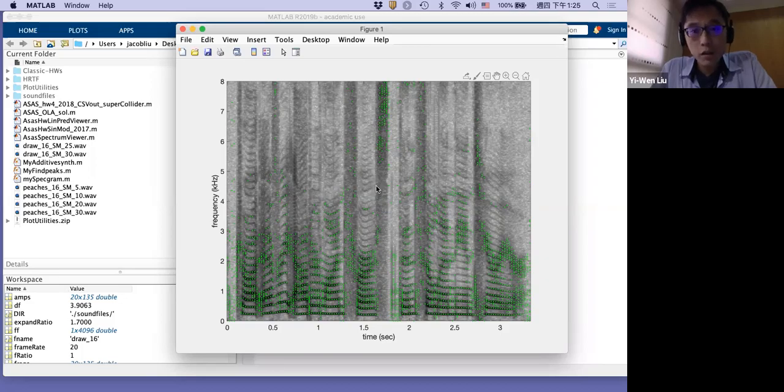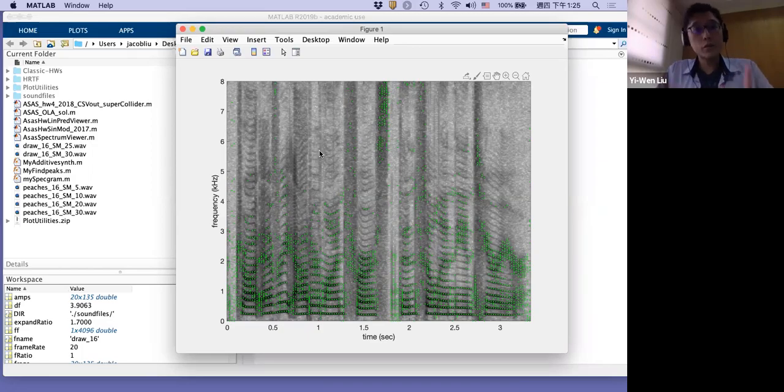What the program is doing is putting a green dot wherever it finds a peak. This is a sanity check to see that the peaks have been identified at the right location. They're exactly where the energy is concentrated, where the peaks are.